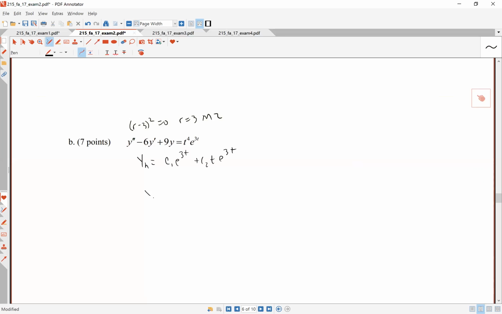And our particular solution, we would normally try something of that same form, which is a4 t to the fourth plus a3 t cubed plus a2 t squared plus a1 t plus a0 times e to the 3t. But because it's multiplicity 2, we have to bump this up by a t squared. I missed the a1 t, didn't I?